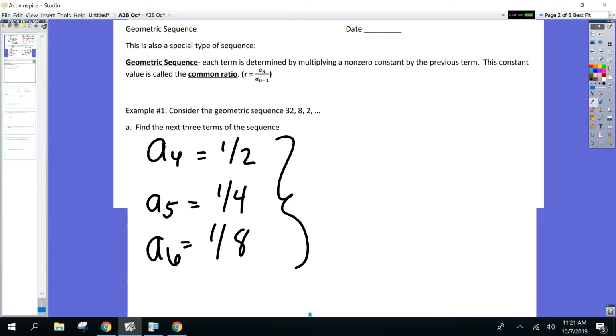Divide by 4. Everyone, yes, the pattern was divide by 4. Okay, I want you to get out of this habit of telling me divided by. What could I multiply by instead, Maddie? 1/4. All right, because when you say it's geometric, you're telling me you are multiplying. All right, so we are multiplying by 1/4 here.